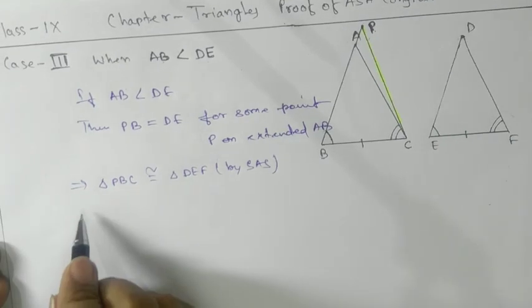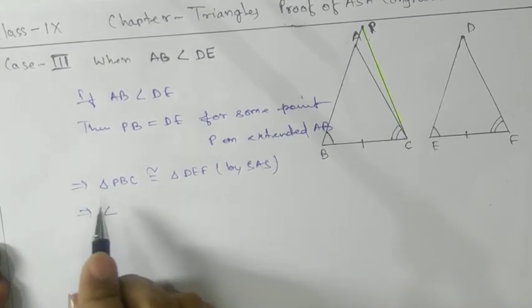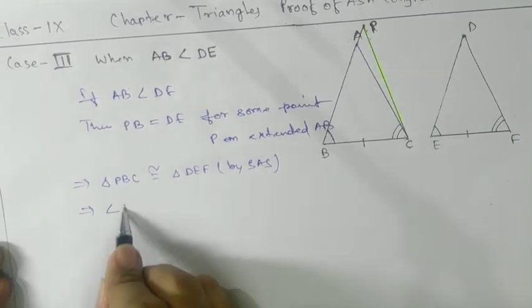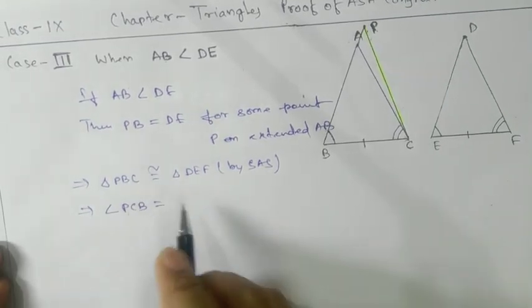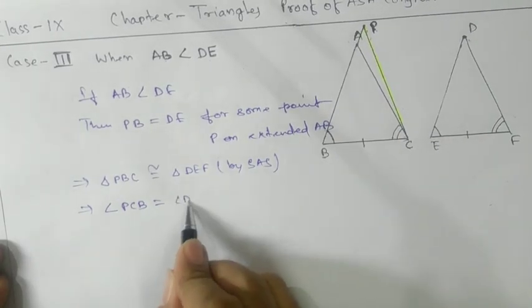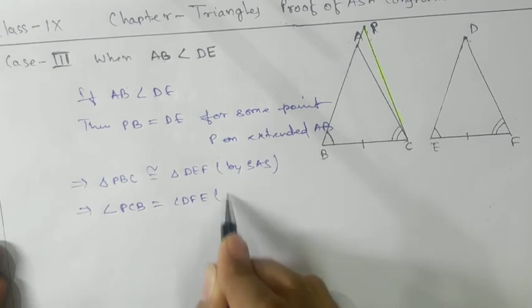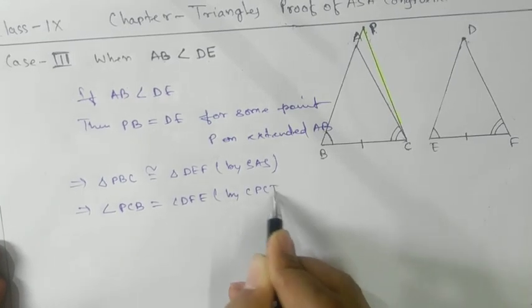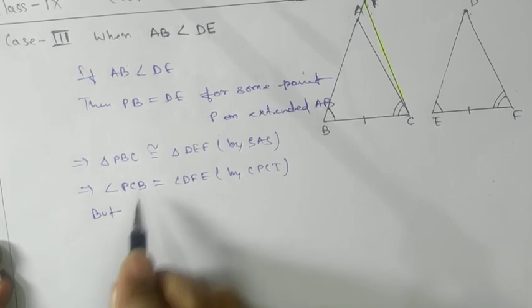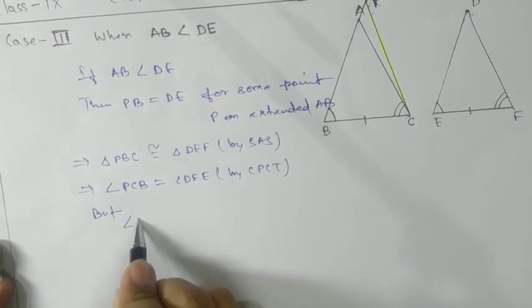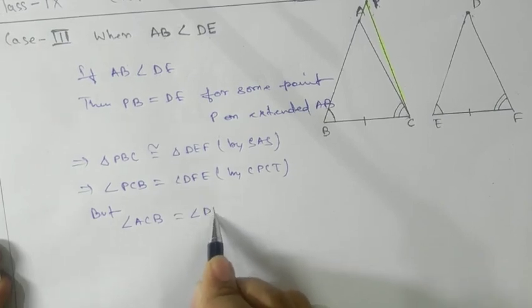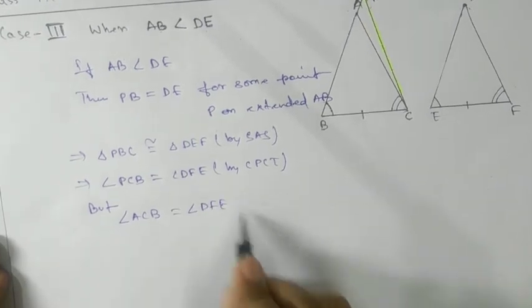This implies, again the same rule applies, angle PCB must be equal to angle DFE by CPCT. But we know angle ACB equals angle DFE, given.